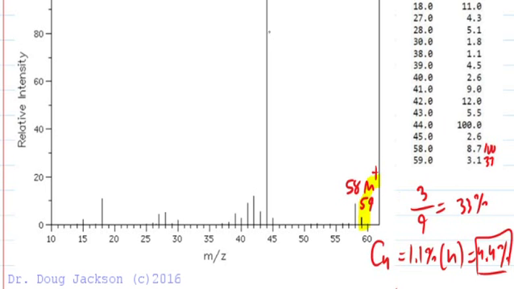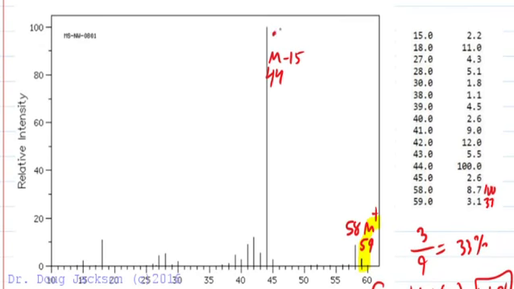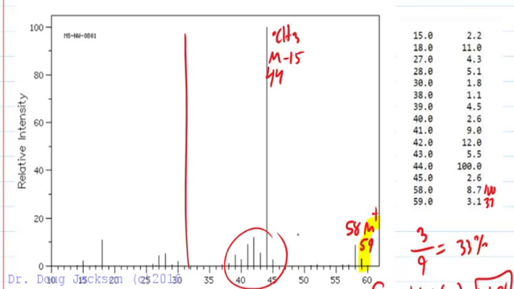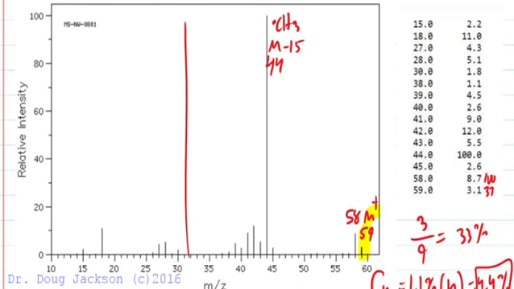So that leaves us with even fragments, most likely, and there we have even fragments, and that is an M-15 peak or loss of methyl. And that's really, if we're going halfway down the spectrum, this is the one group of signals here, and here's the largest in that group of signals. It's really the only one that stands out. And so let's figure out the molecular formula.